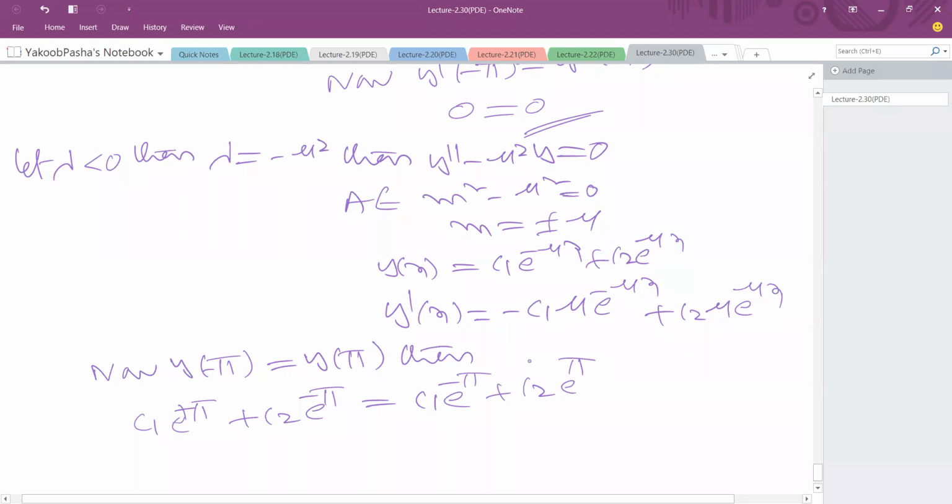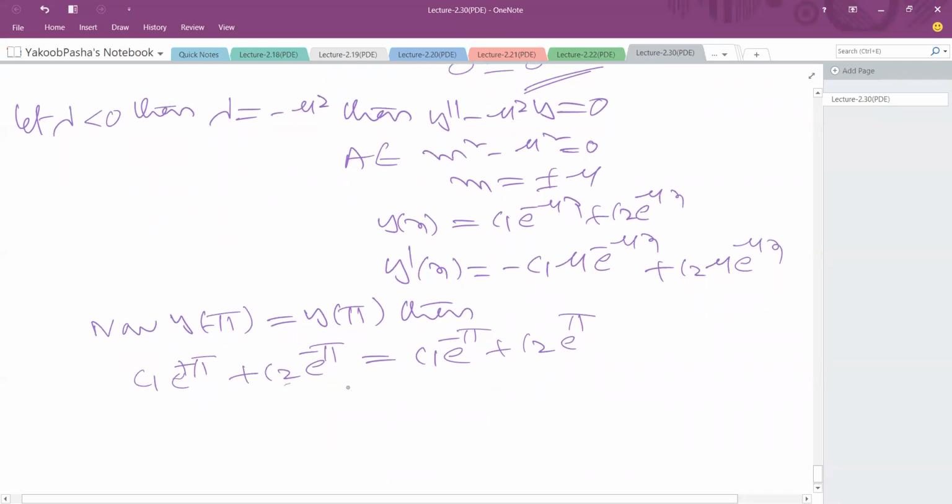Okay. So we can write C1 as common here, remaining e to the power of pi minus e to the power of minus pi.